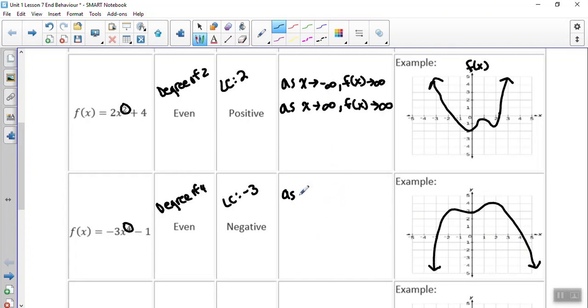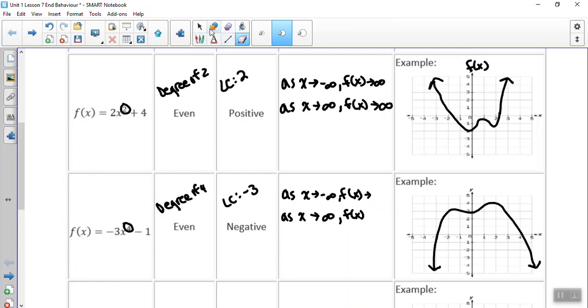This column that I have here is what you need to give for your answer. As x approaches negative infinity on the left side, f of x approaches negative infinity, and as x approaches positive infinity, f of x, oh, I'm sorry, I did this wrong.